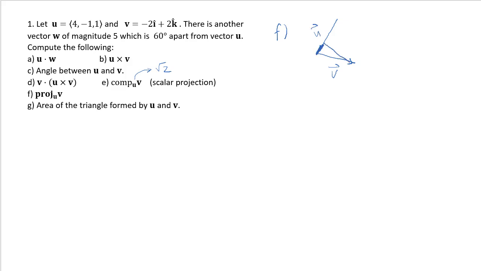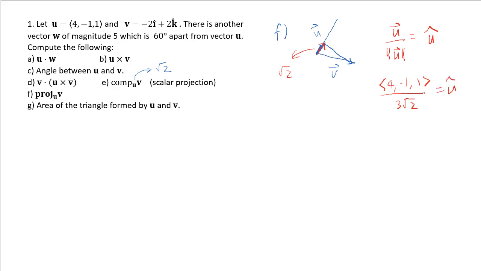We want this part. I want this to be the vector. The length of this is radical 2, that we know. What's the unit vector in this direction? To get the unit vector in any direction, you take the vector and divide it by its norm, then you get the unit vector in that direction. This hat means it's a unit vector. And in our case, it's 4, -1, 1 over the norm, which is 3 radical 2. We computed it. So that's our u hat.